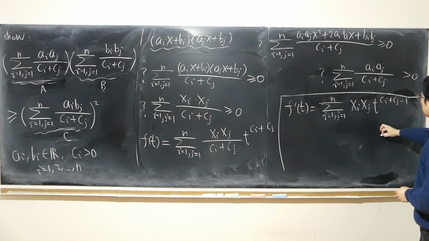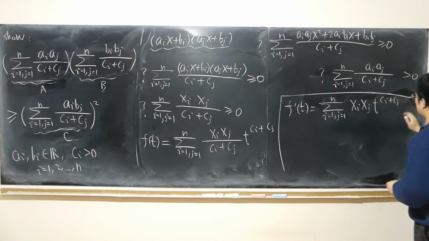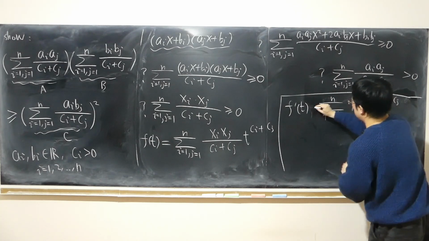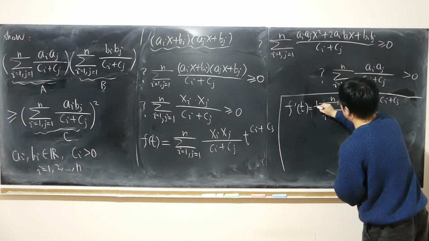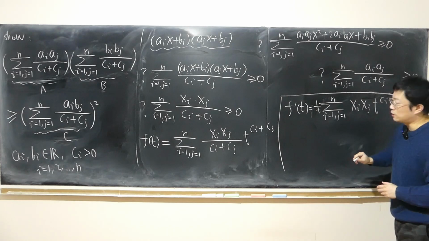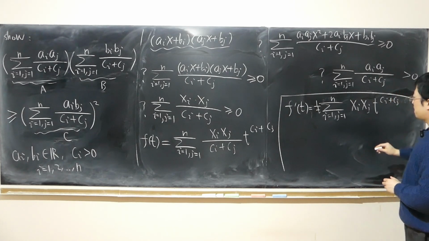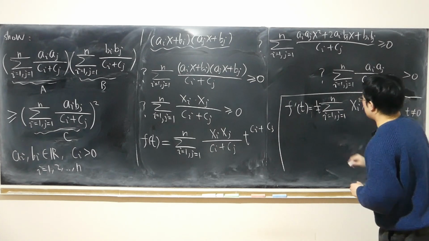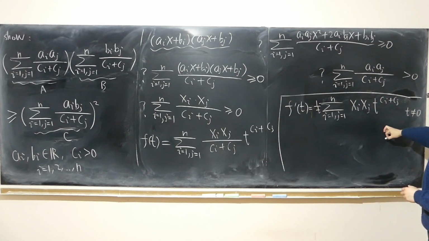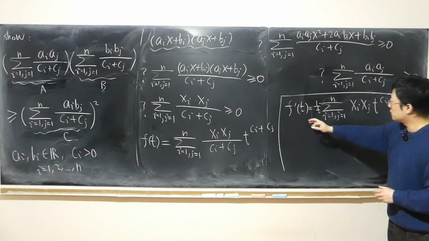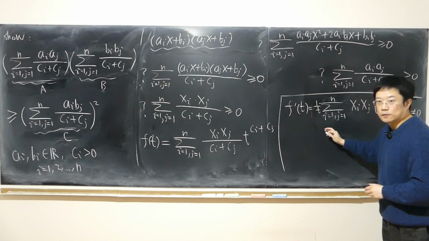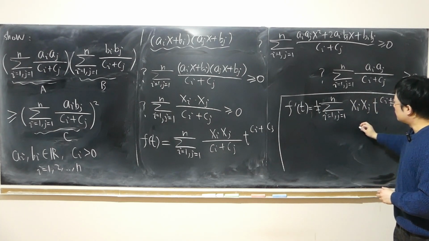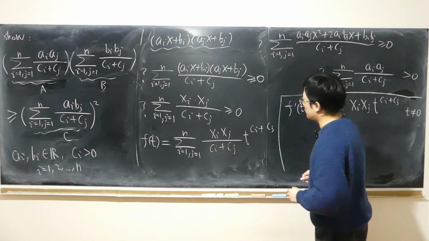In fact, we can put the t to the power of minus 1 as 1 over t. Of course, here we require t to be non-zero. So, if we can prove the derivative is always positive, then it means the function is increasing.